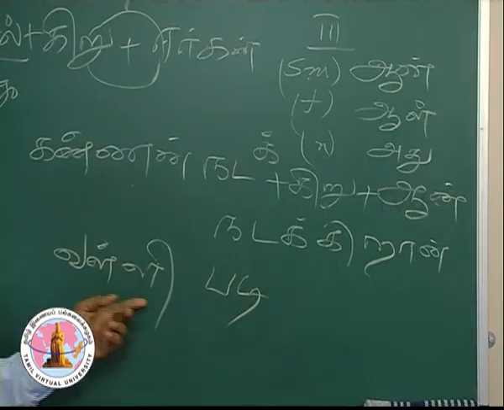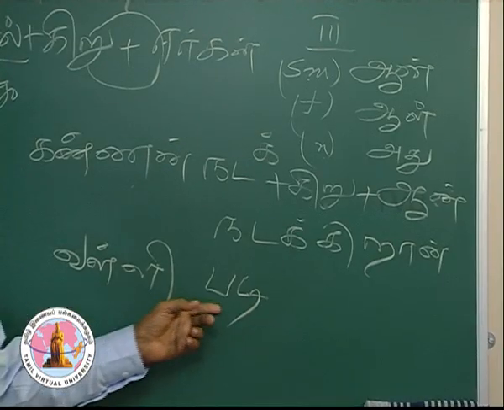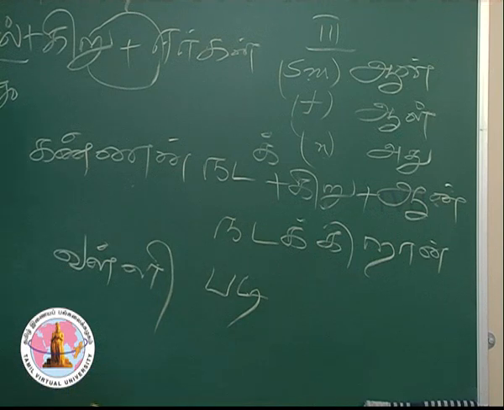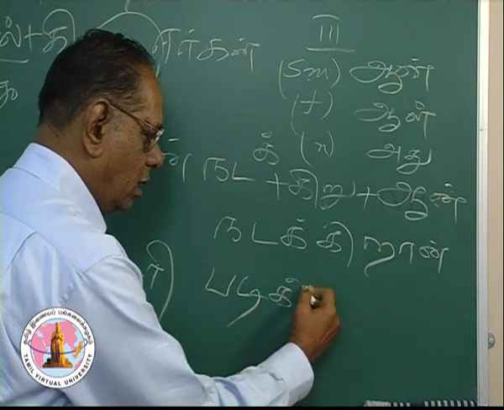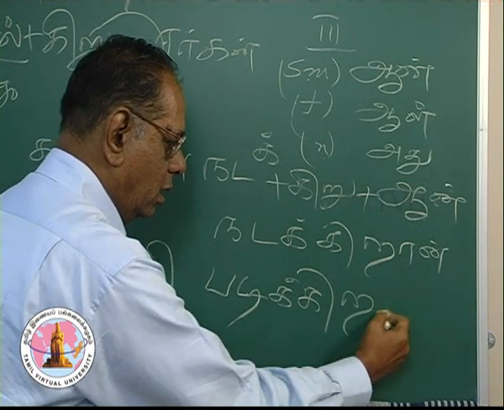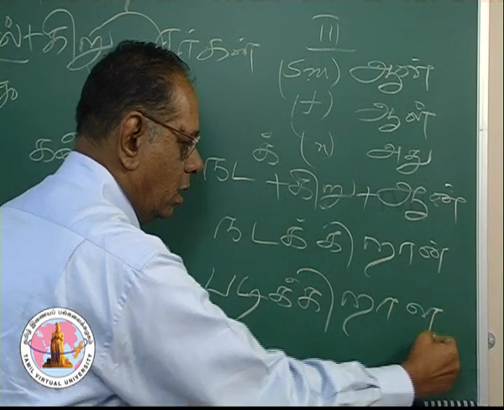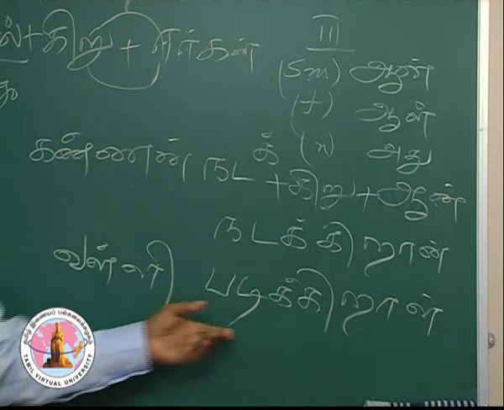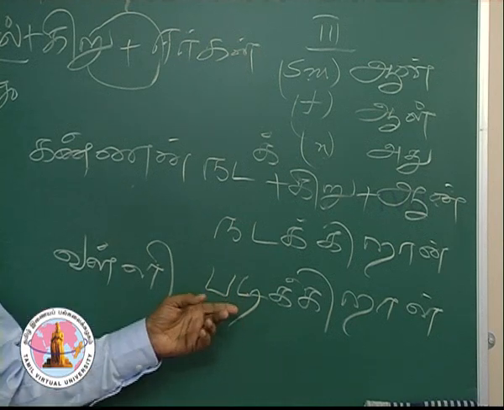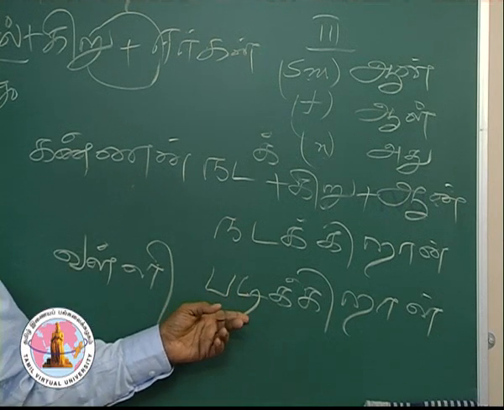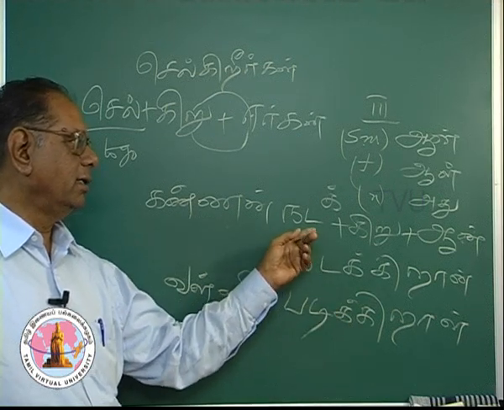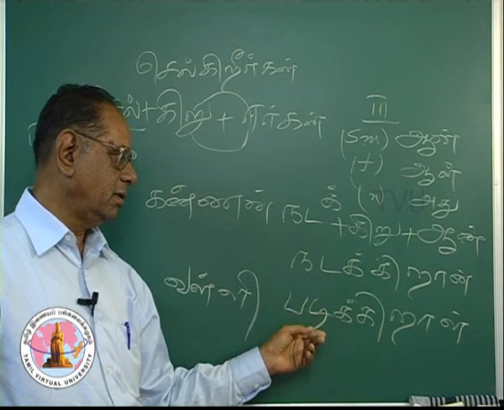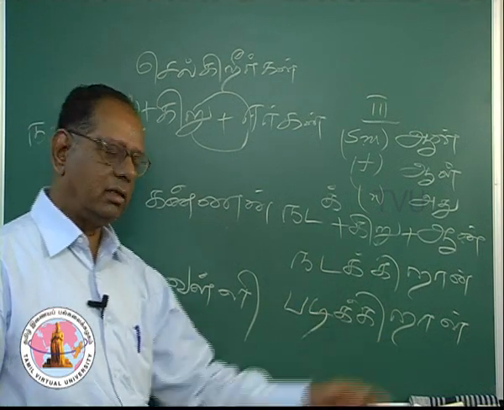வள்ளி. படி, படிக்கிறாள். I have given another verb taking an extra consonant like nada. நடக்கிறான் and படிக்கிறாள்.